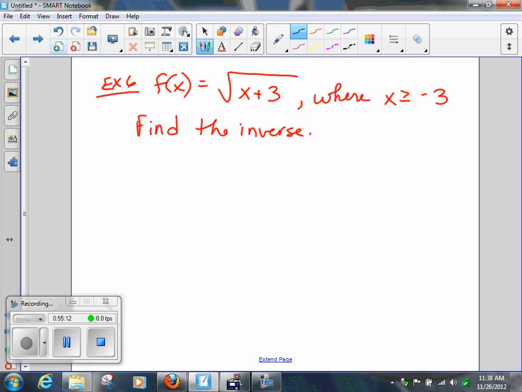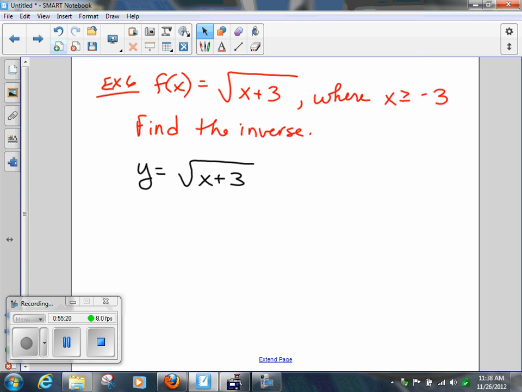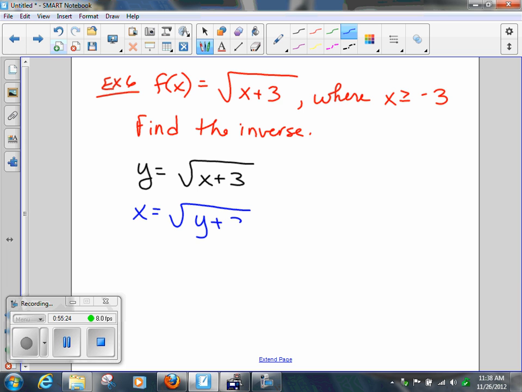What do we do? Before we square anything, what do? Switch the variables. So x is equal to the square root of the quantity y plus 3, yes? And now what? Now square everything.